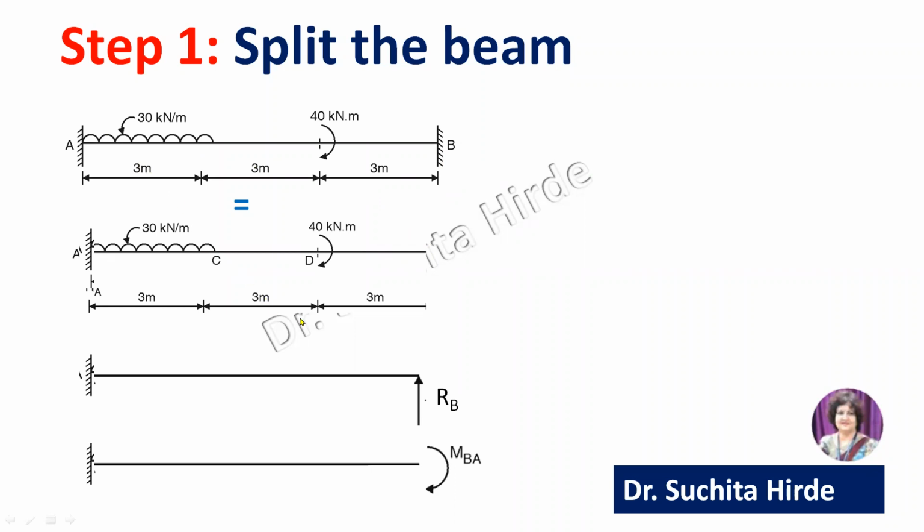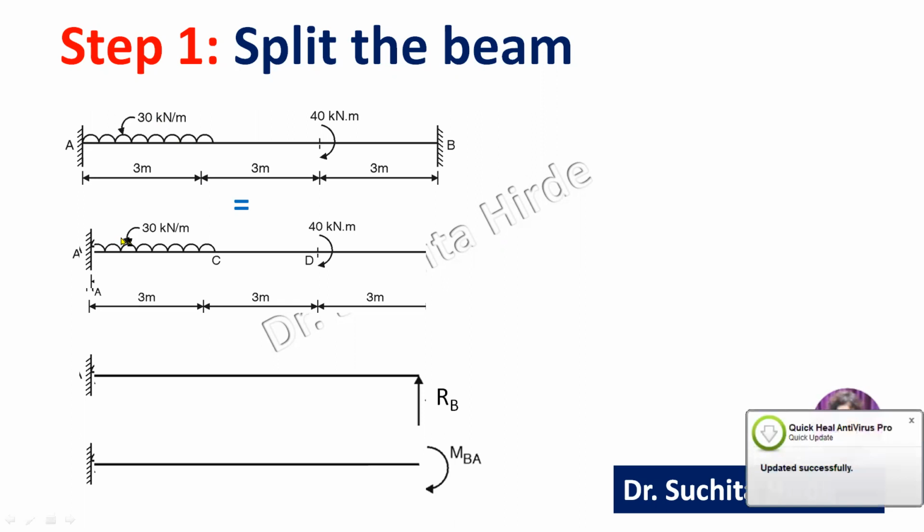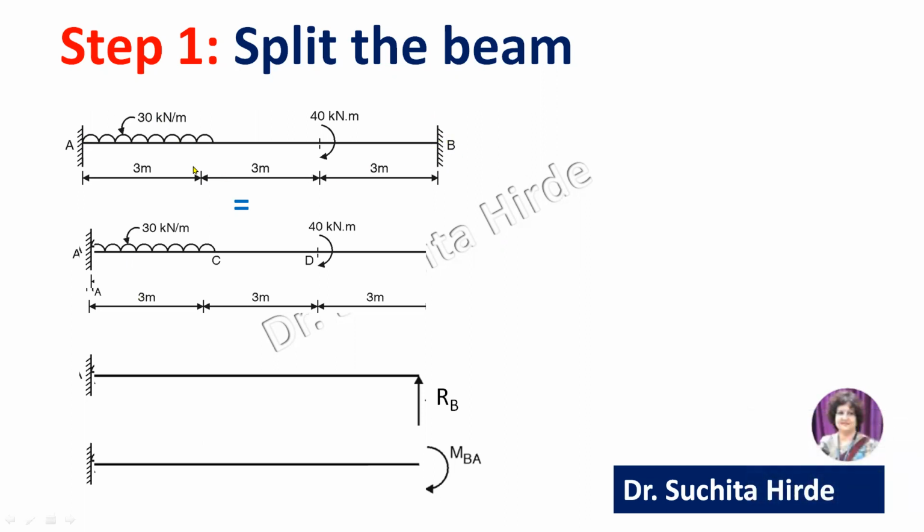Remember that whenever there is a partial UDL on the beam, it will be easy to draw the bending moment diagram if you put this partial UDL near the fixed support. And therefore, I have removed these reactions, or considered these as redundant reactions.